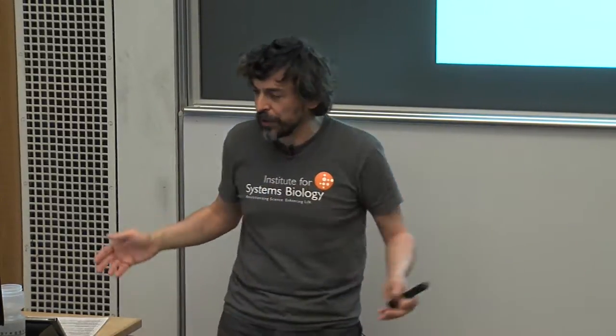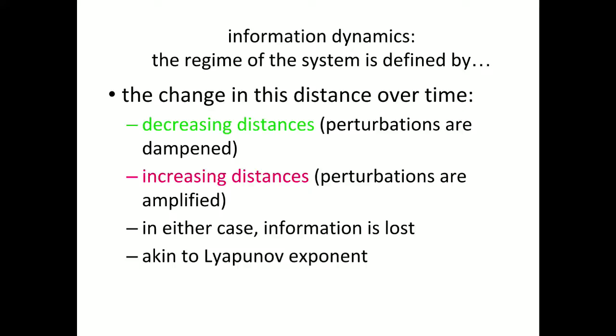Then you can again ask the question, well, what happens to the successor states? Do they converge or do they diverge? Except now the question is posed in terms of informational distance. We can ask what happens to informational distances between these states. Do they informationally converge or informationally diverge? And what does it even mean to say that?